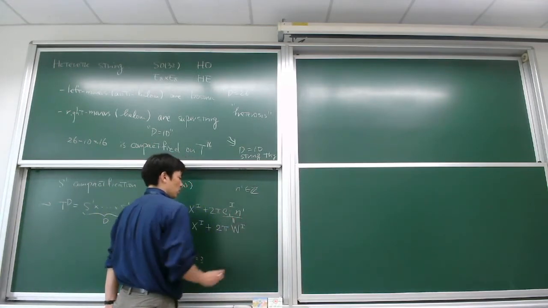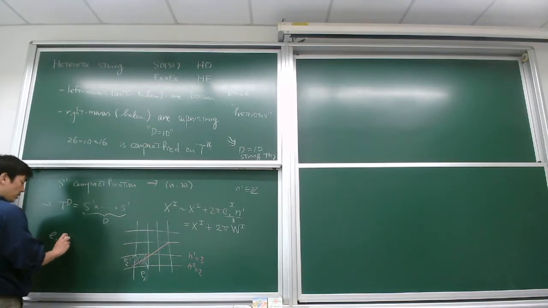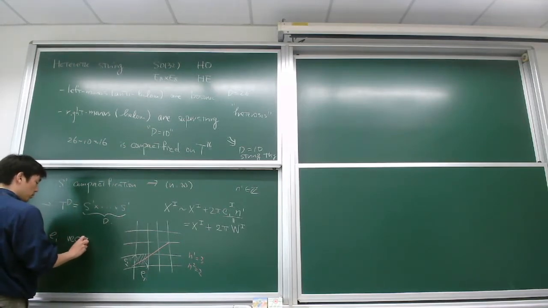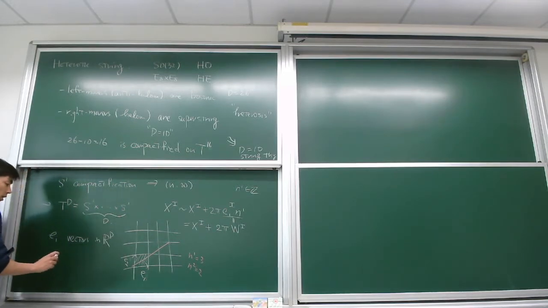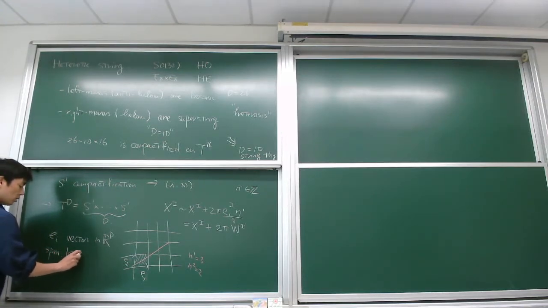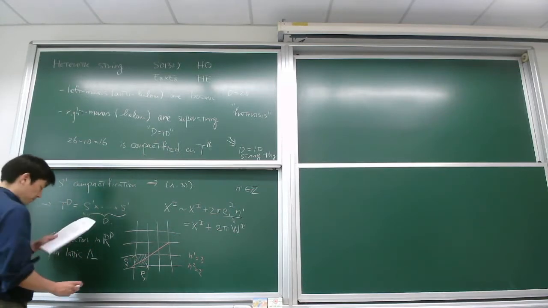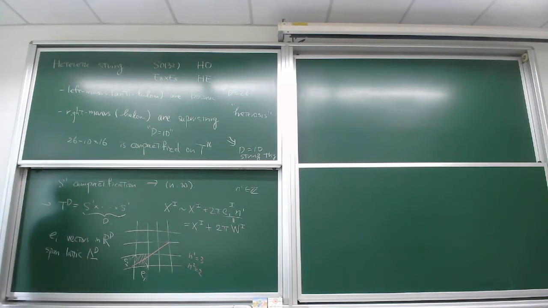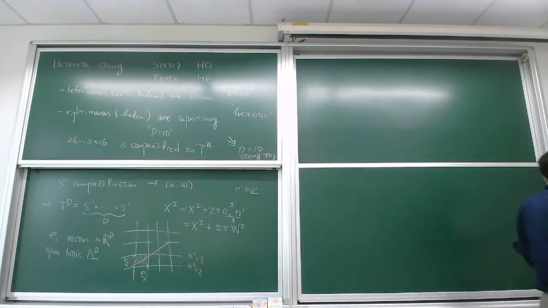And e_i is the vector in R^D that spans a lattice. I call it Lambda, maybe. First, to sum up.